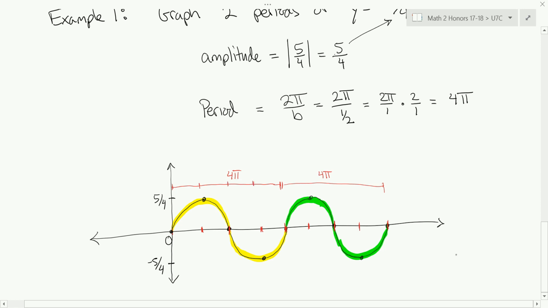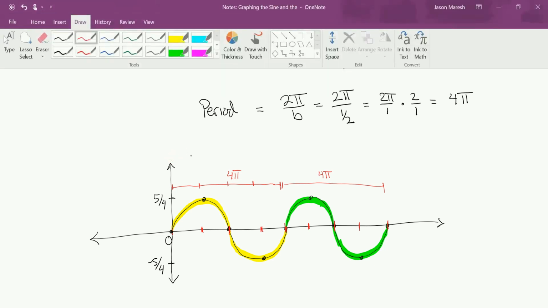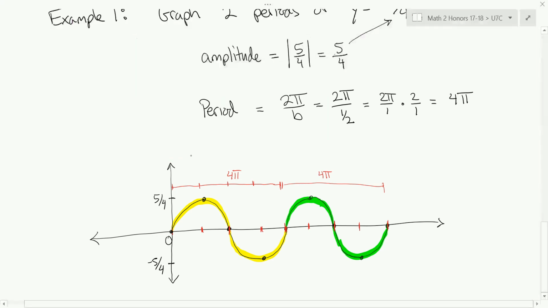Right? So if we know the full period is 4 pi, and I want to know what 1/4 of that is, what do we get? Pi, right? And so for coming up with the x-axis, you always take the period and find 1/4 of the period in general.